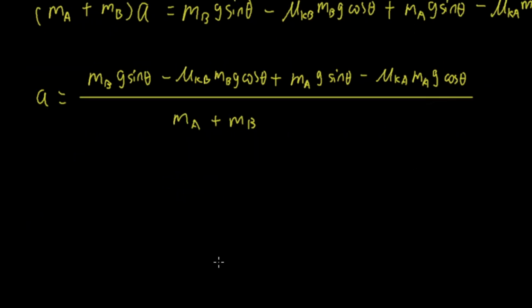Now, what we need to do is just plug in all the values that we know, which are given in the question, to find out what the acceleration is. Now, mass of B is 10, gravity is 9.8, theta is 20 degrees, minus the coefficient of friction for B is 0.15.